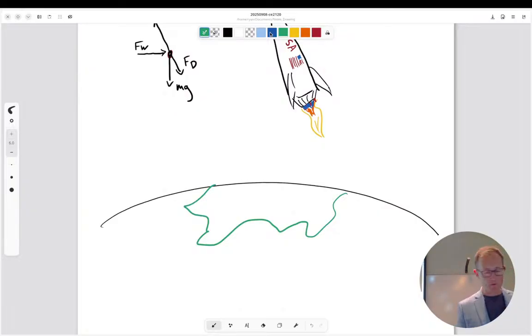For Coriolis effect, that would be more of a change in acceleration, because now you would have altitude, latitude, and longitude.